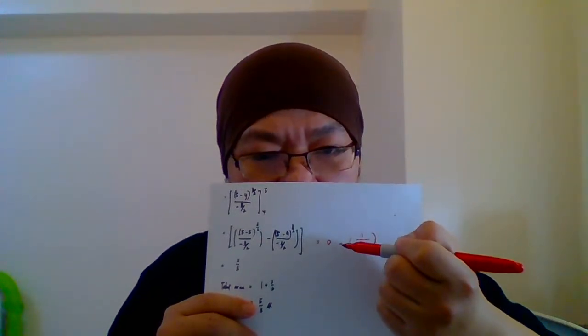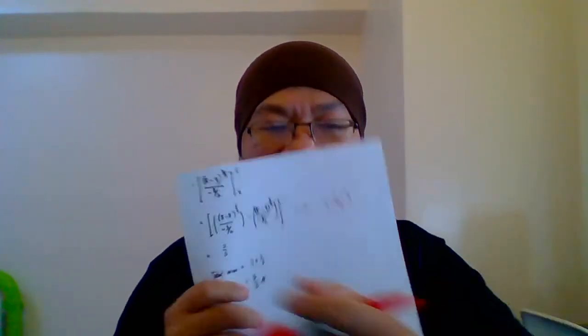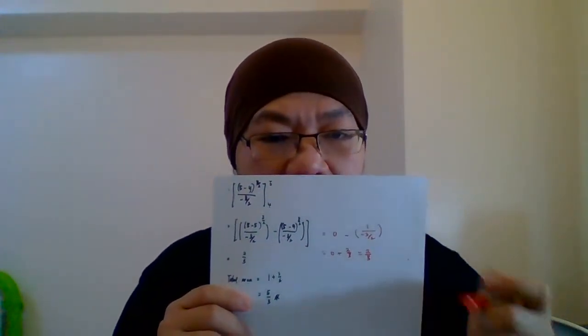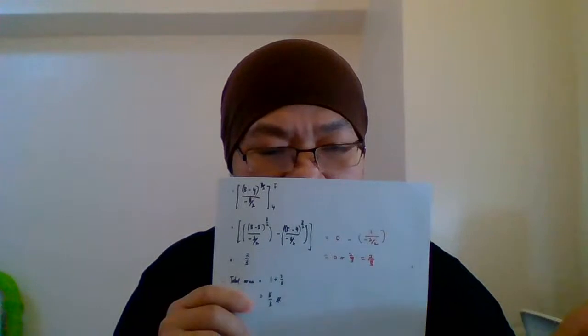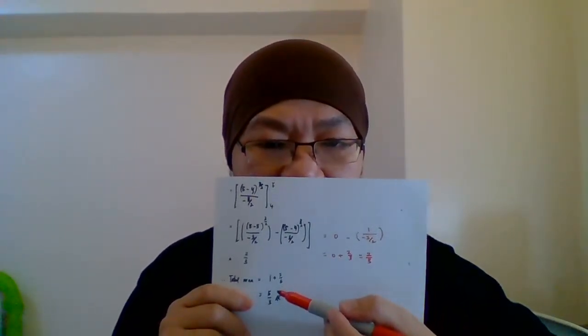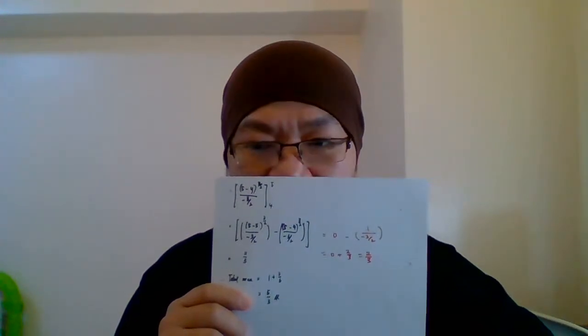Negative 2 over 3 with the minus here becomes plus. So it becomes 0 plus 2 over 3. So the final answer is 2 over 3. Then we add the 1 from before. So 1 plus 2 over 3, you're supposed to get 5 over 3.